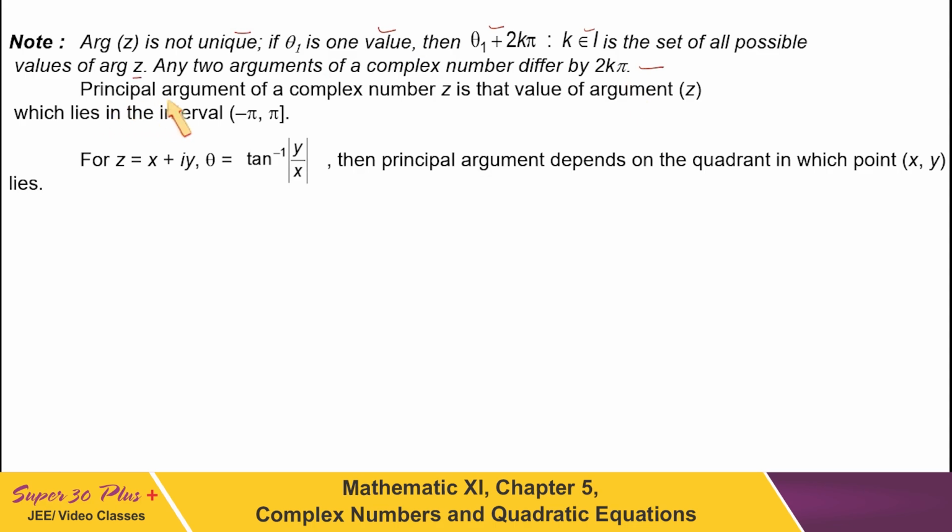But the principal argument of a complex number z is that value of the argument which lies in the interval -π to π. For z = x + iy, theta = tan inverse |y/x|, then the principal argument depends on the quadrant in which the point (x, y) lies.